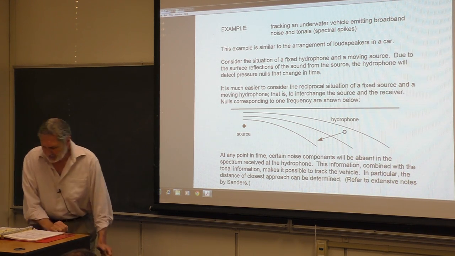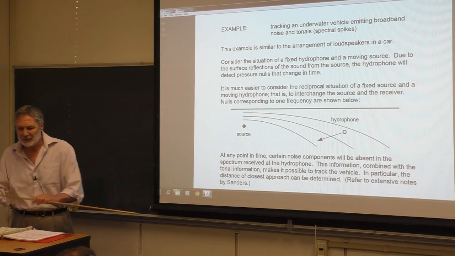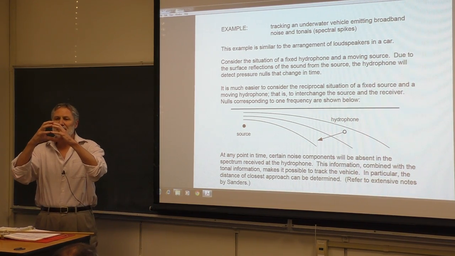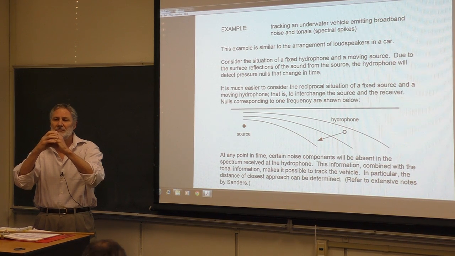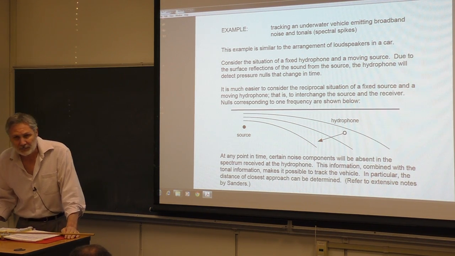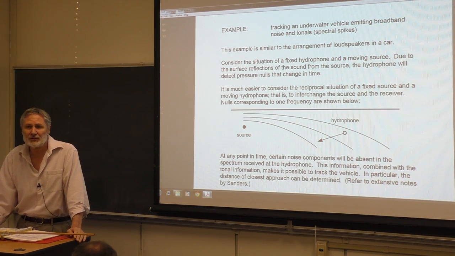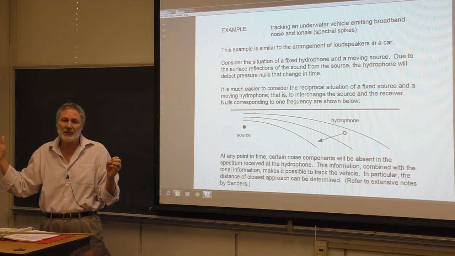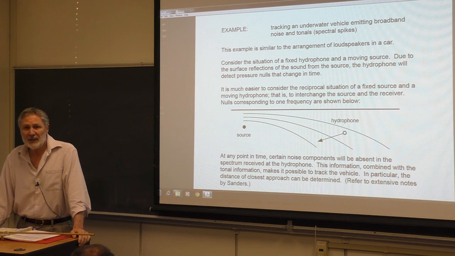Last lecture we talked about radiation from a pulsating sphere. It's a spherically symmetric situation, isotropic radiation. And it's important because we showed that when you have a small source, and that means the source is small compared to the wavelength, it radiates isotropically.